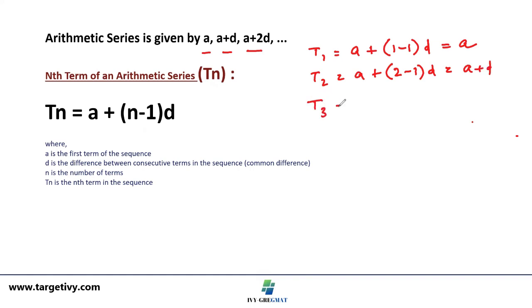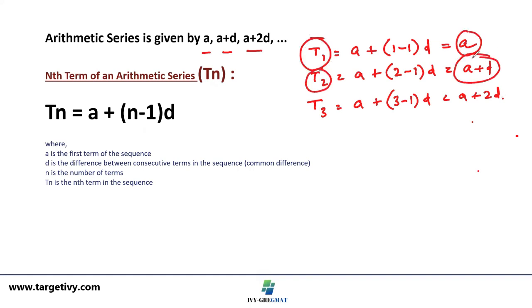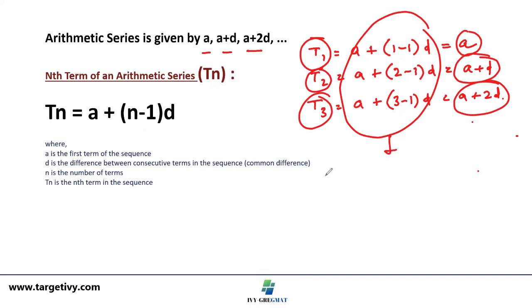T3 will become A plus (3 minus 1) into d, which is A plus 2d. So term 1 is A, term 2 is A plus D, term 3 is like this. From this, I can derive that Tn is equal to A plus (n minus 1) into D, where D is the common difference.